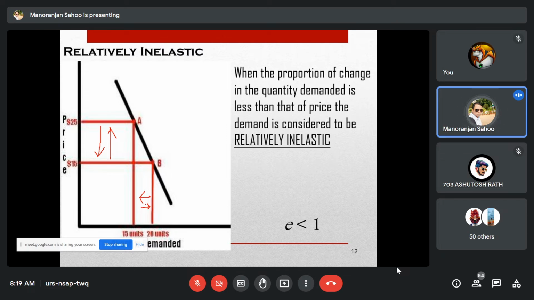Now it is very cheap, so will you eat more? No, sir. So in this case, you cannot increase your demand by much, even if there is a large change in the price. So we can say it is inelastic demand, and the demand curve will mostly be a steeper curve.